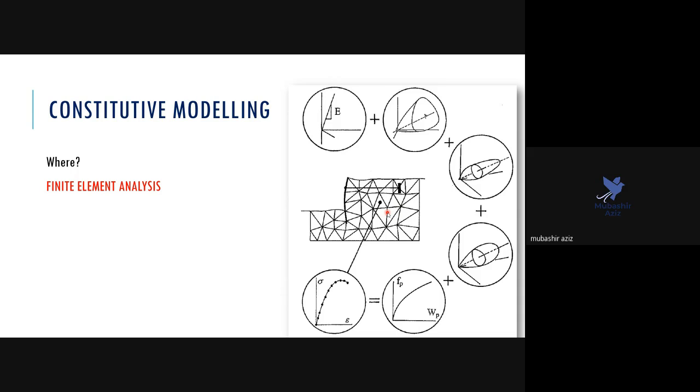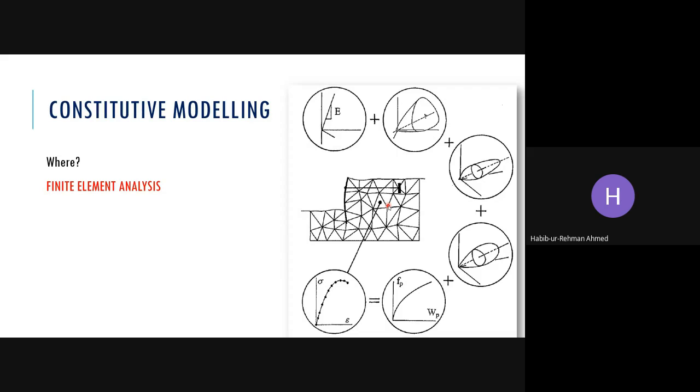Okay. Thank you. This is for the continuum. For any continuum material, we divide it into finite elements, and we define the behavior of each element and the connectivity of the elements, and that constitutes the finite element analysis of continuum materials.